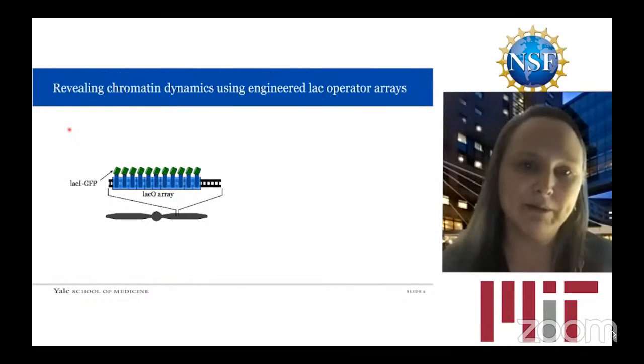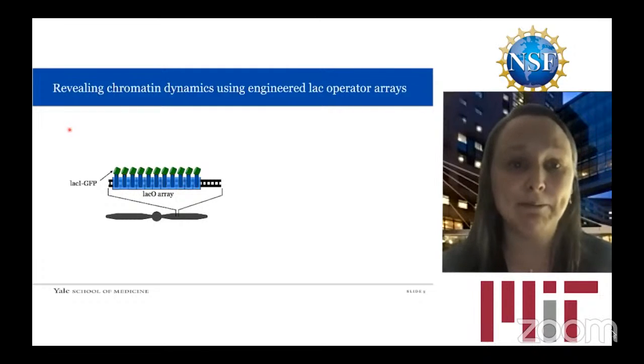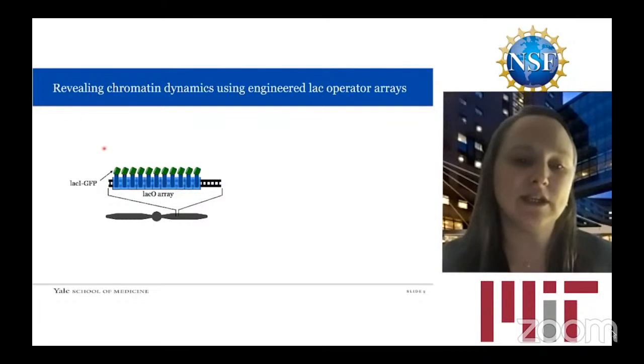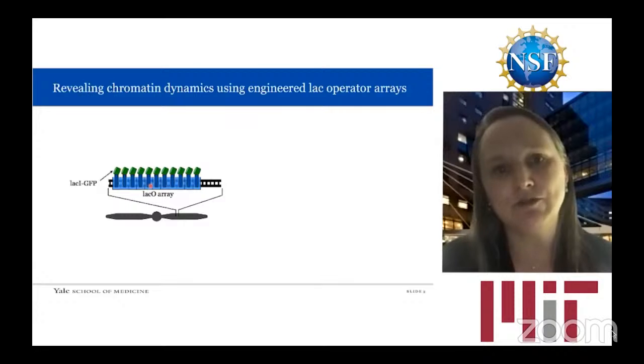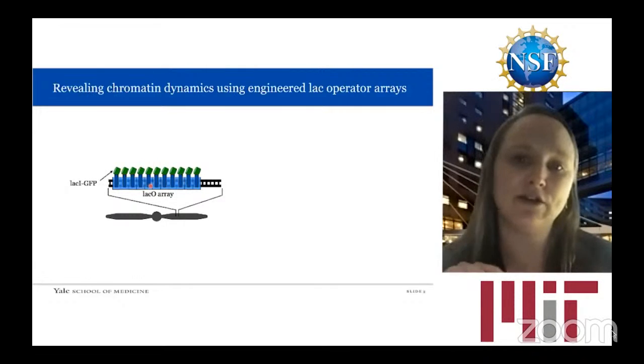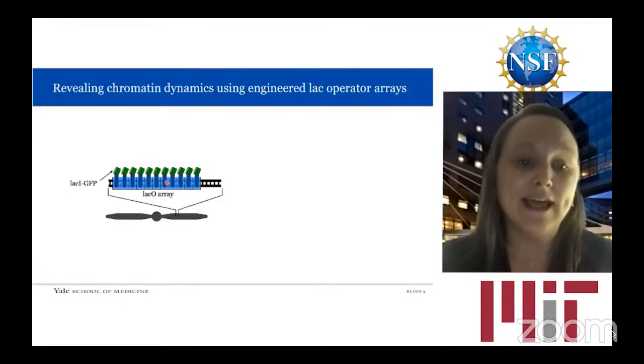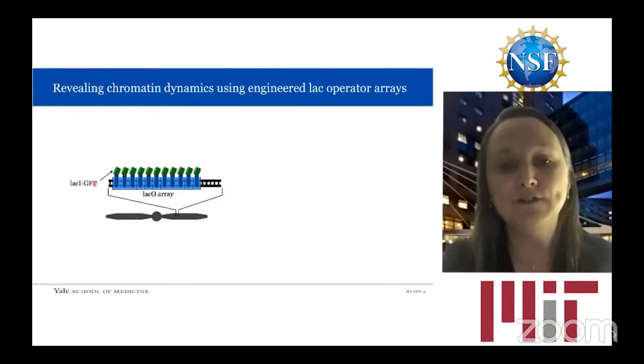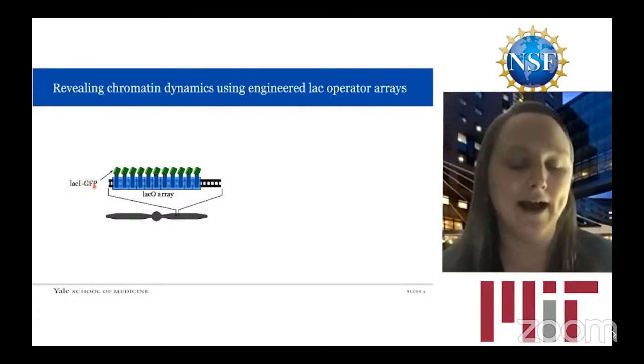So my lab has long been interested in what determines the dynamic properties of chromatin, and we approach measuring chromatin dynamics using the approach that I've outlined here. We take lac operator sequences, which are derived from bacteria, and we engineer them into fission yeast. We can then visualize these chromatin tags by expression of GFP fusions of the lac repressor, LacI.